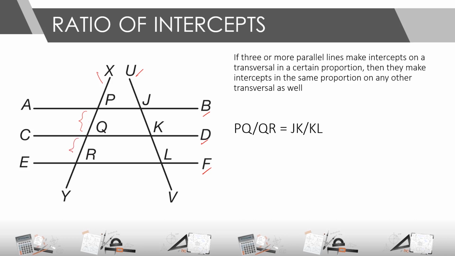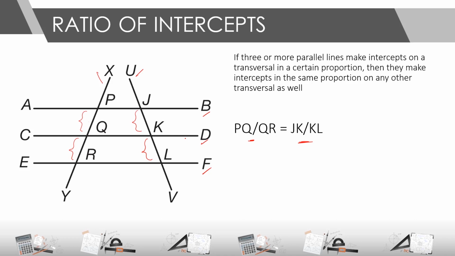So PQ by QR, these are the segments cut by the parallel lines on the first transversal, and JK and KL, these are the segments cut by the same parallel lines on another transversal. The ratio of these segments will be the same. So PQ by QR is equal to JK by KL.